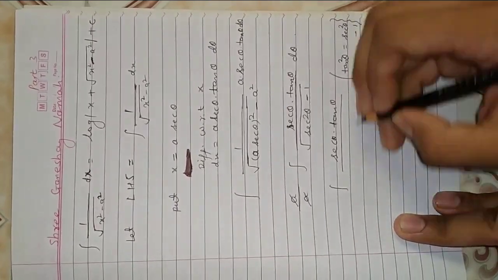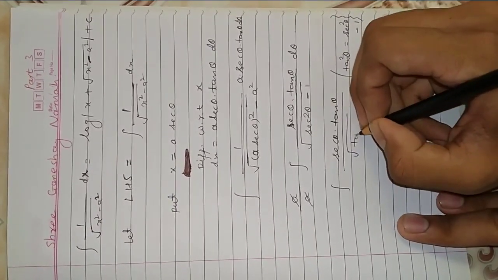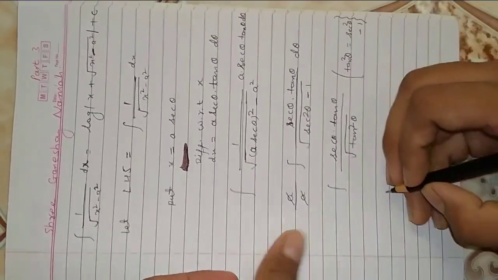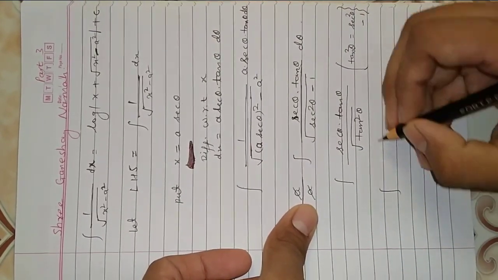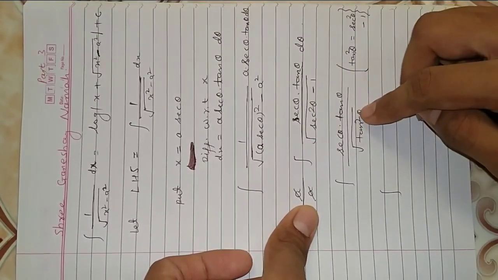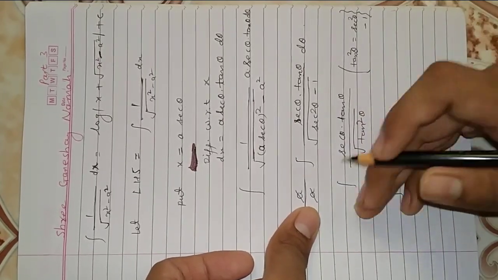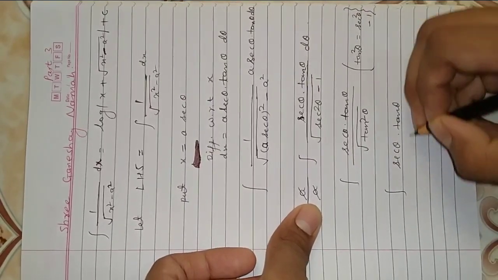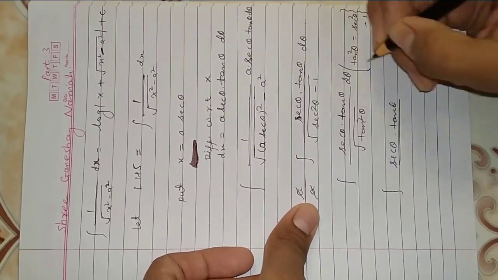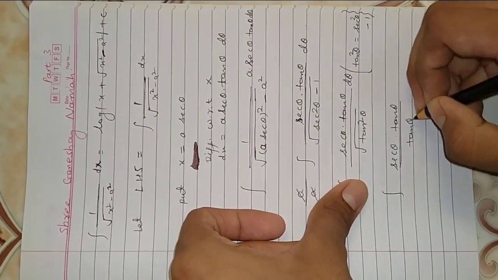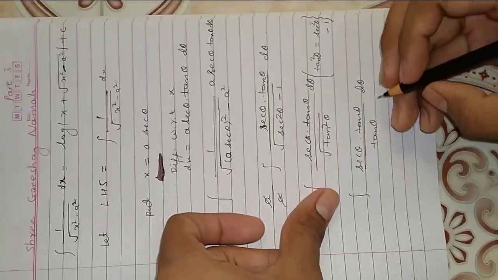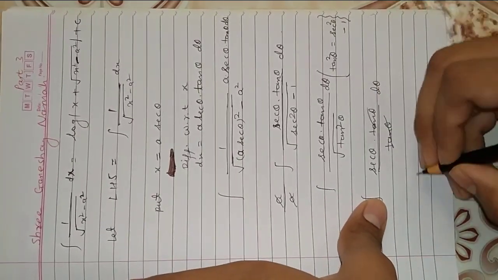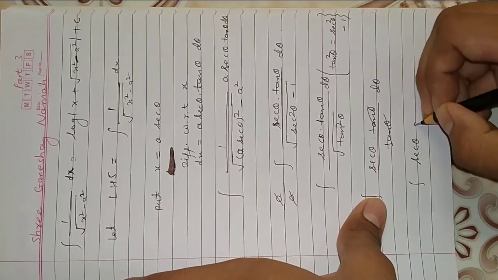Okay guys, so I am going to write in the bracket sec square minus 1 as tan square. It's a root, so one tan will be outside, and we will get sec theta into tan theta upon tan theta. Are you getting it, guys? So one tan will be cancelled, and I will get only sec theta.